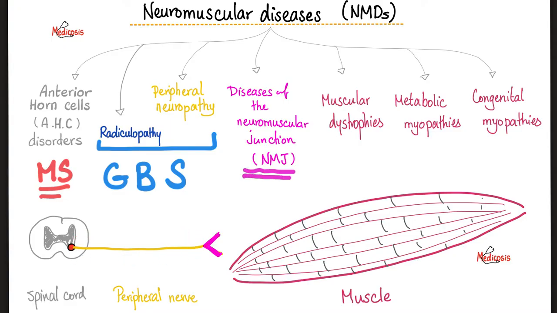Then we'll talk about diseases of the neuromuscular junction, which is here. And these include myasthenia gravis, which is today's topic, and Lambert-Eaton myasthenic syndrome, which is the topic of the next video. Then we have muscular dystrophies, such as Duchenne muscular dystrophy and Becker's muscular dystrophy. See previous videos.